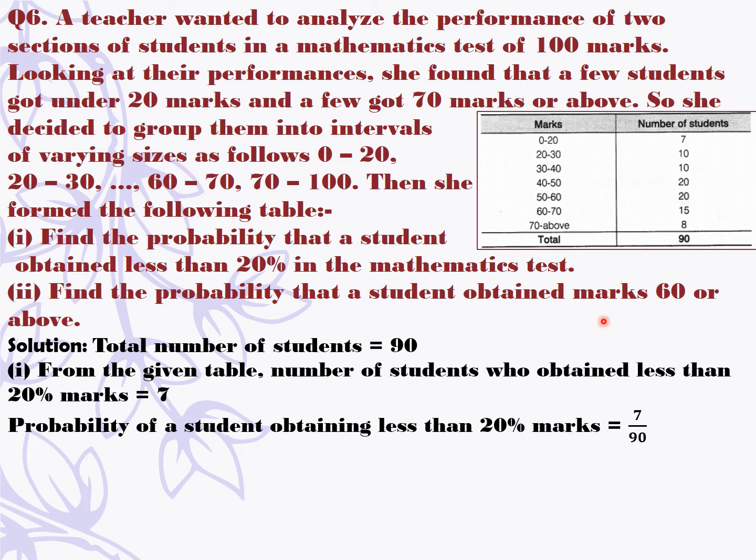Now, we can clearly see here from the table that 60 to 70 is one given interval and another one is 70 and above. That means for this particular event, where we have to find out the number of students who obtained marks 60 or above, in such cases we have to take both the ranges, 60 to 70 and 70 and above.